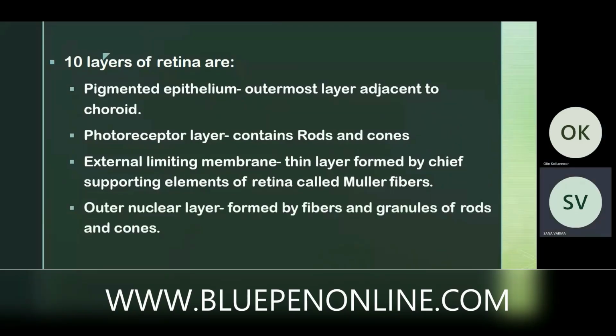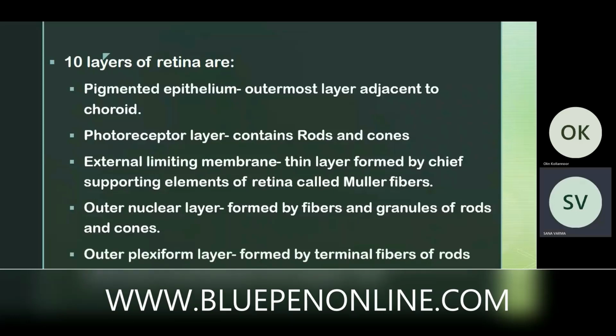Then comes the outer nuclear layer, which is formed by fibers and granules of rods and cones. The extensions, the axon part or tip portion of rods and cones, are seen in the outer nuclear layer.